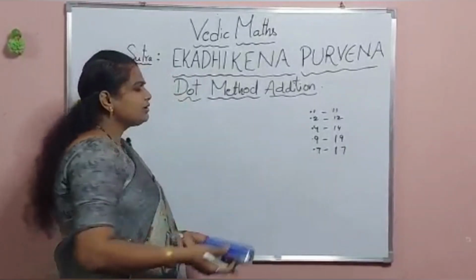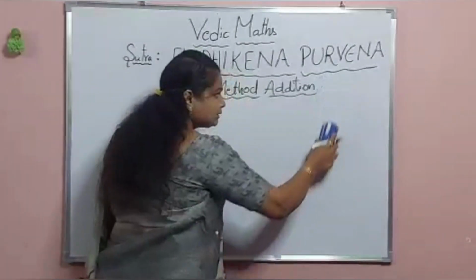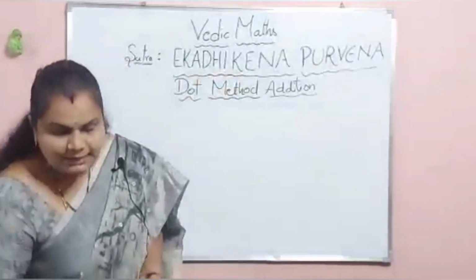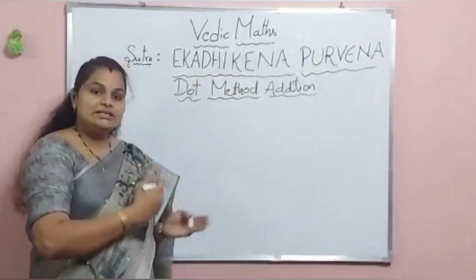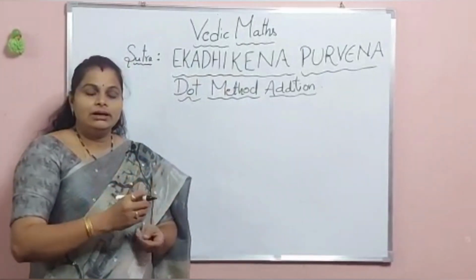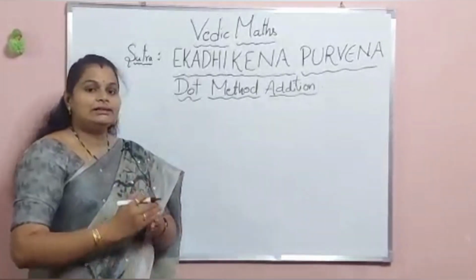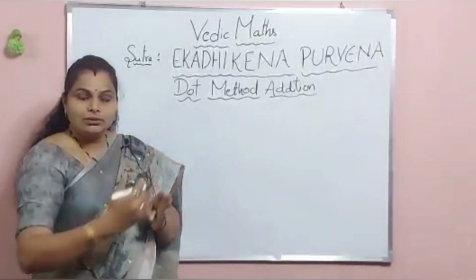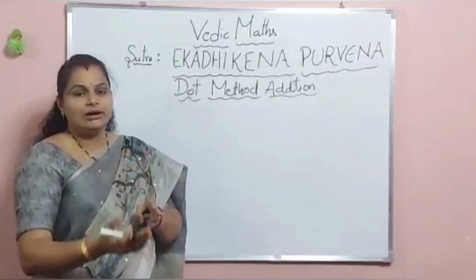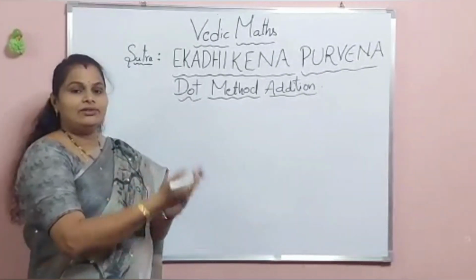If multiple digits are there, it's not a big issue. The same procedure you have to apply. The same: drop the tens place digit, and instead of that we place a dot, and then the number in the ones place must be carried to the next digit, and if the total numbers are counted, we have to count the dots and carry the right side dots to the left side digits.